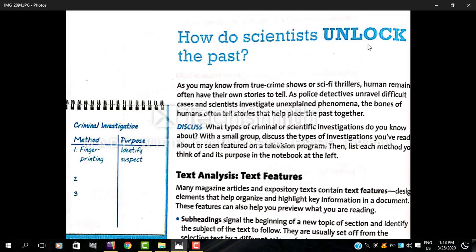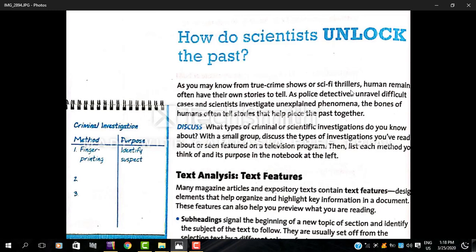How do scientists do that? As you may know from true crime shows, whatever you are reading or watching, sometimes we are using sci-fi thrillers, which means science fiction thrillers, like exciting movies.